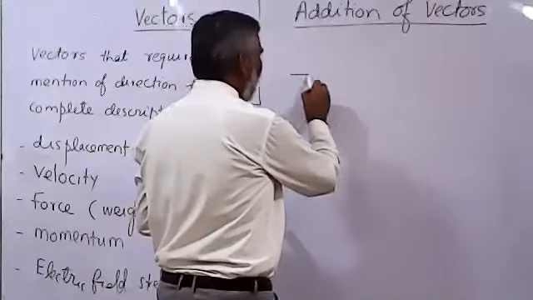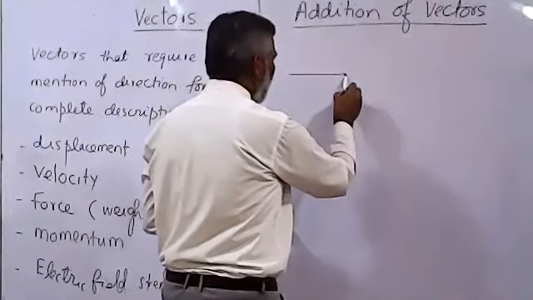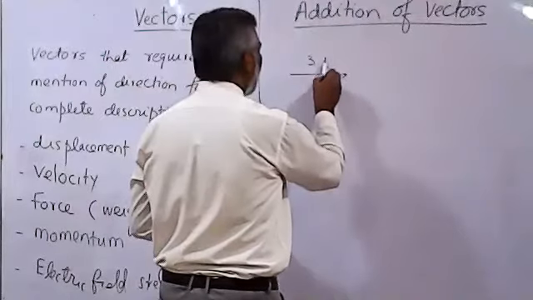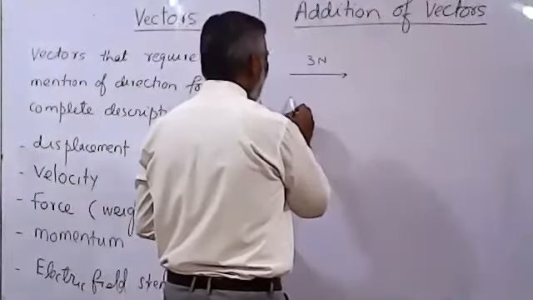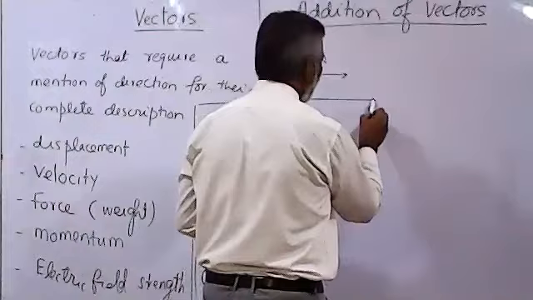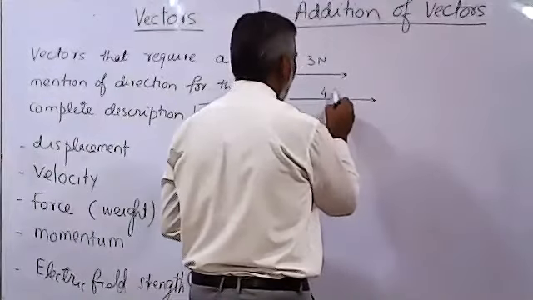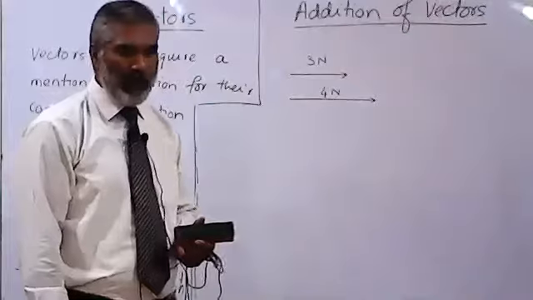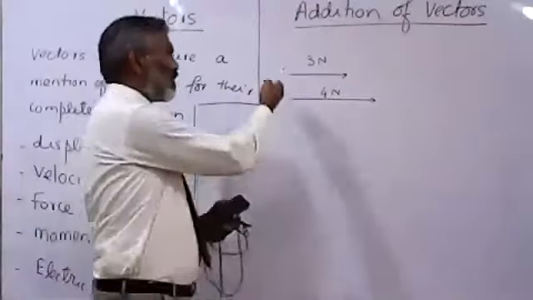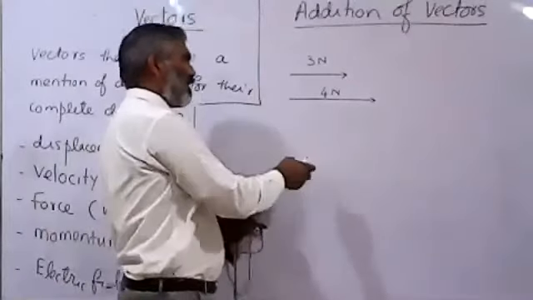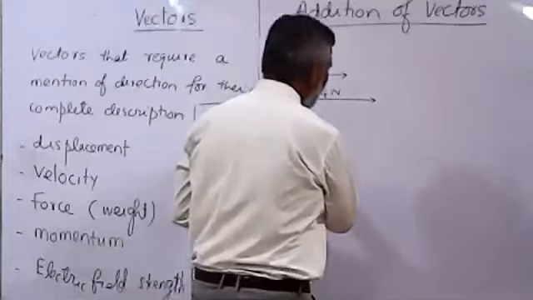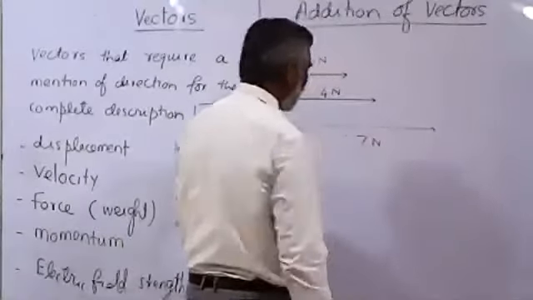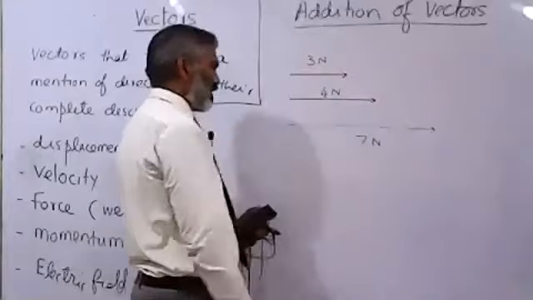Like one vector, which may be a force of, let's say, 3 Newton, could be added to a vector which is 4 Newton. These two vectors are added just like numbers. So 3 added to 4 gives us 7. So a 7 Newton force will be the resultant force when we add these two vectors.